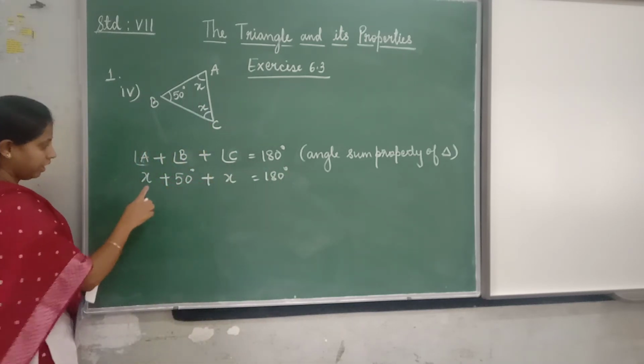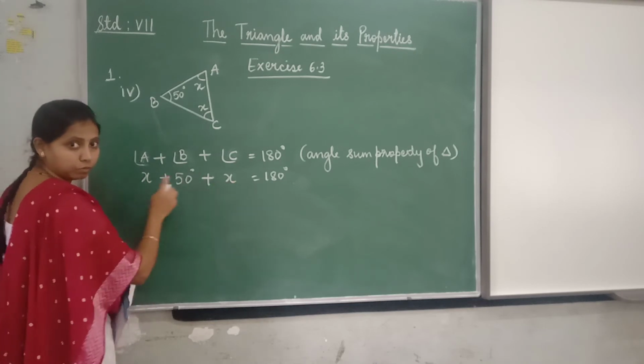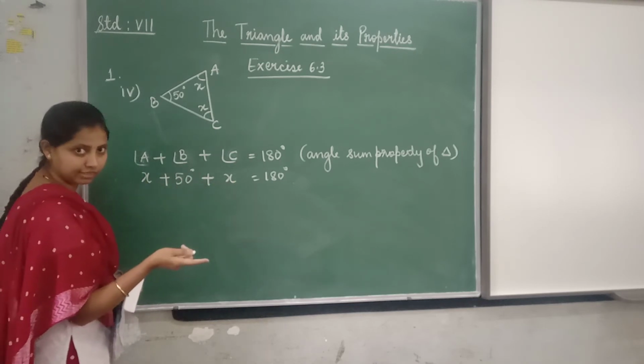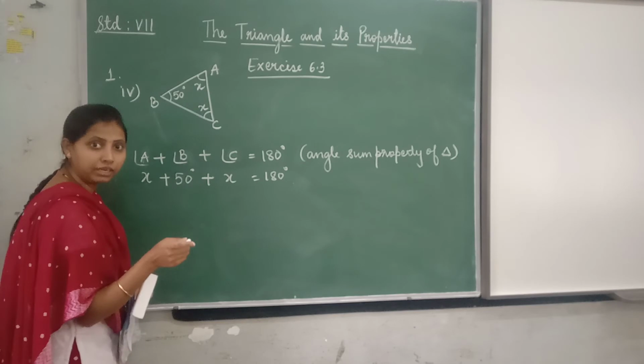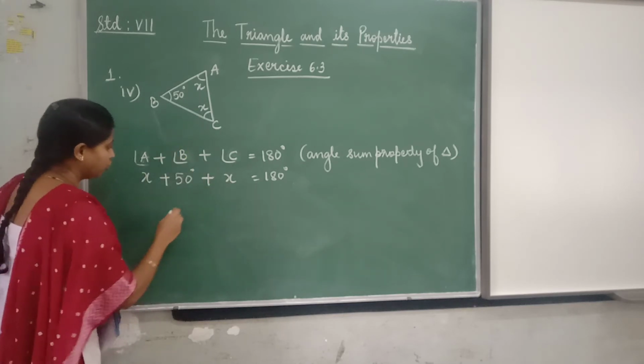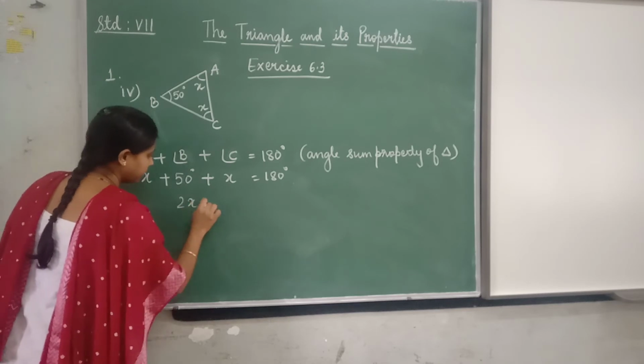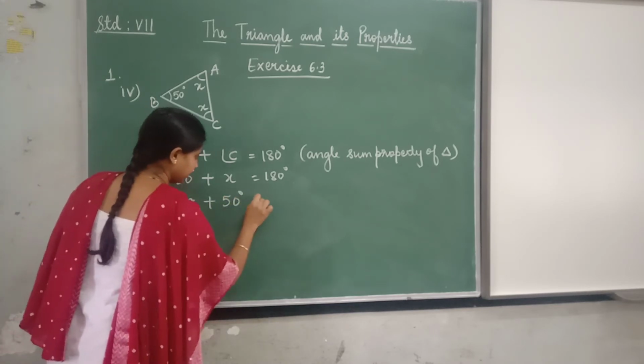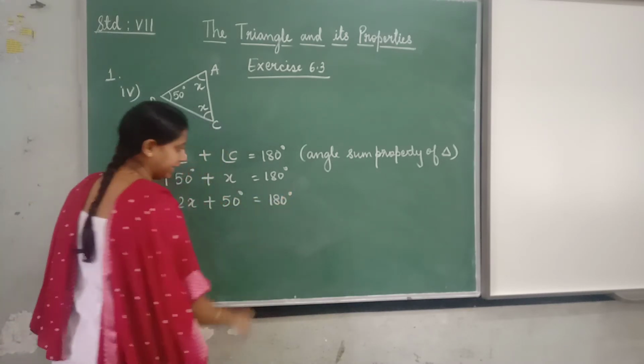Now x and x are like terms. We can add x and x. x plus x is nothing but 2x, children. So 2x plus 50 as it is given is equal to 180 degrees.